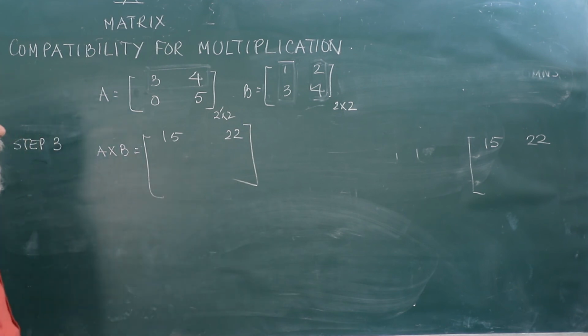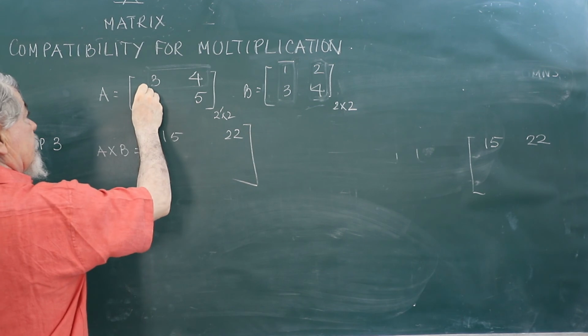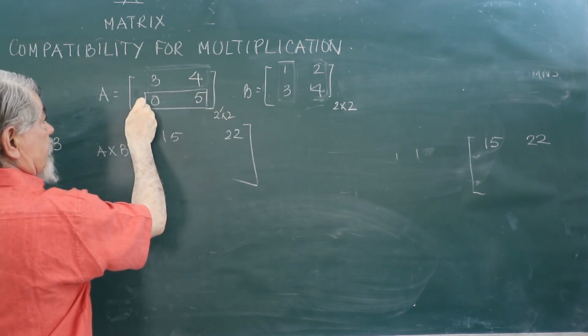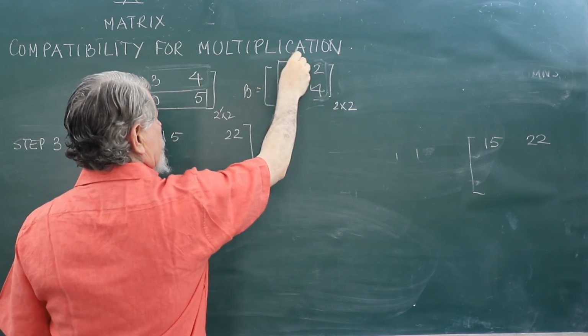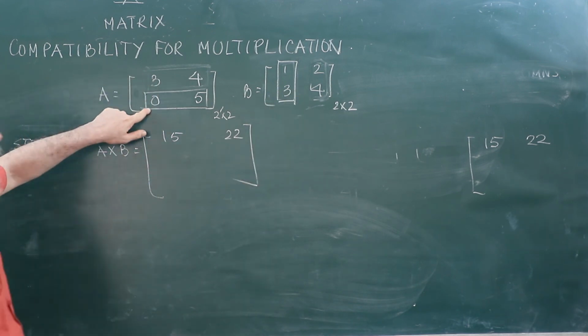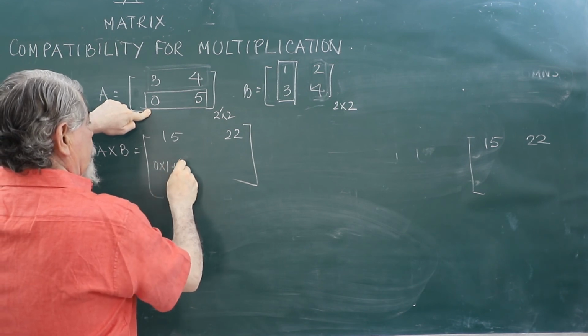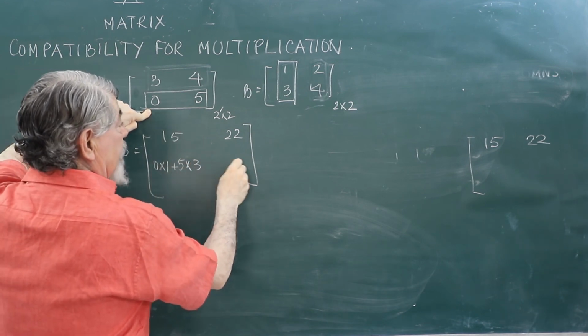Like we had taken the first row of the first matrix, now let us take the second row of the first matrix and the first column. So 0 into 1 plus 5 into 3 and leave the rest blank.